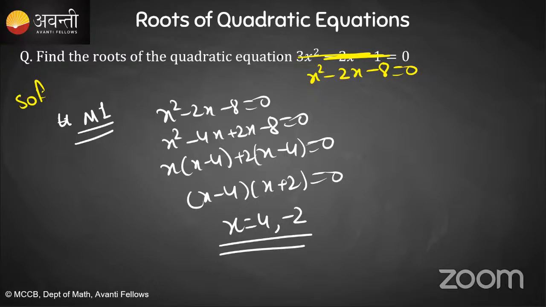So now using discriminant method. Method 2 is nothing but using discriminant method. Okay. Now solve this question using discriminant method, everyone. Let me know.